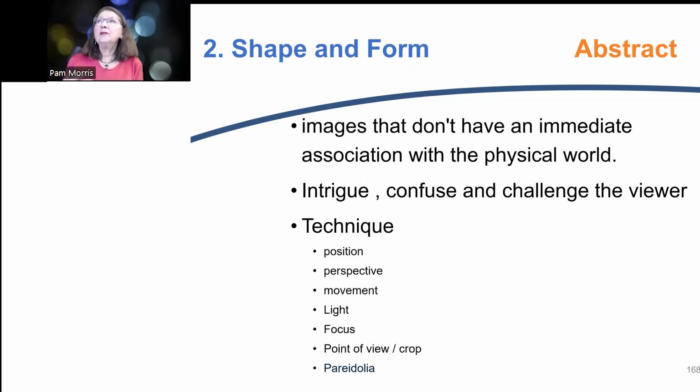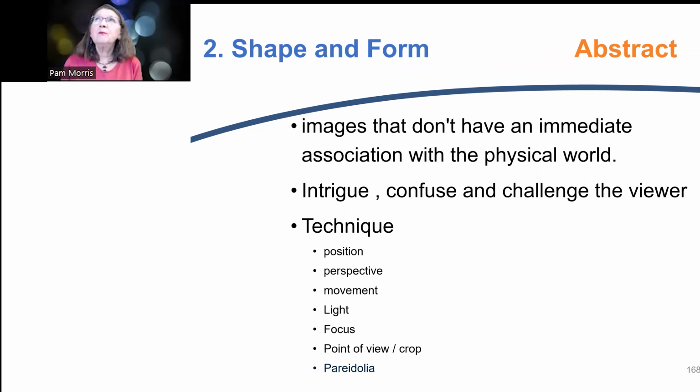So the next aspect of shape and form, and we're looking at form specifically at the moment, is the concept of abstract images. And abstract images tend to confuse rather than clarify.